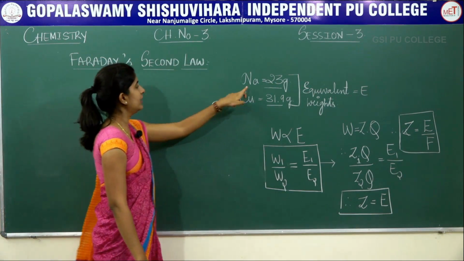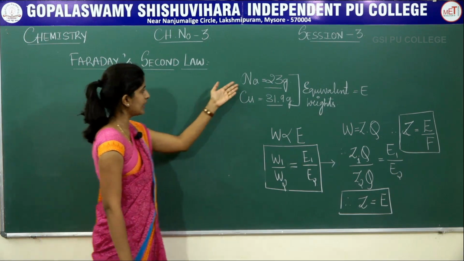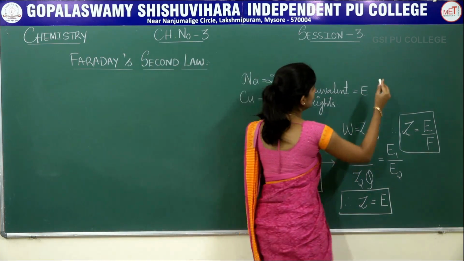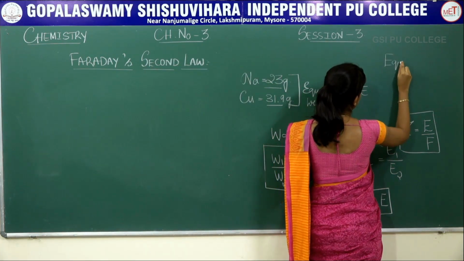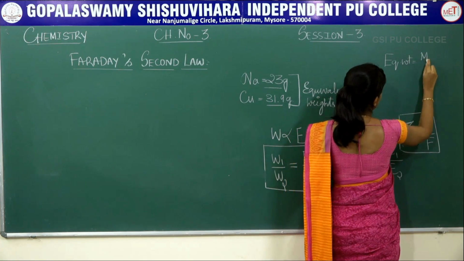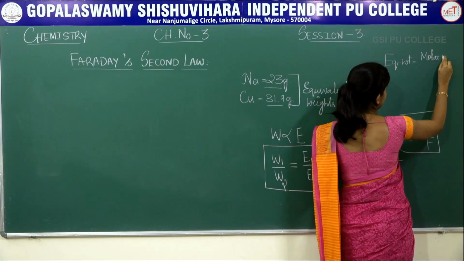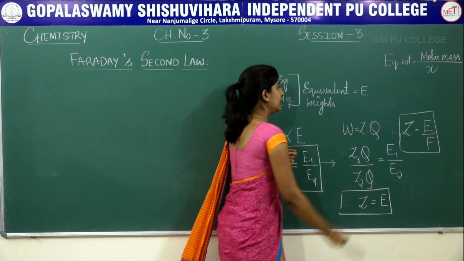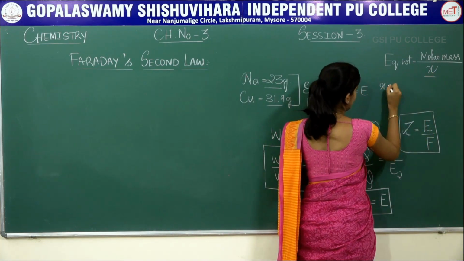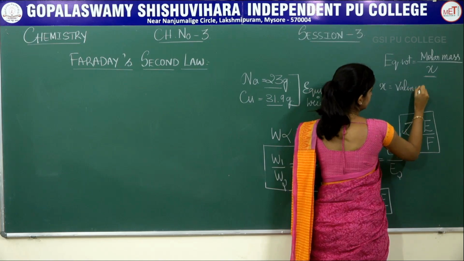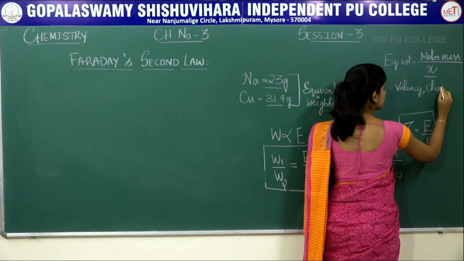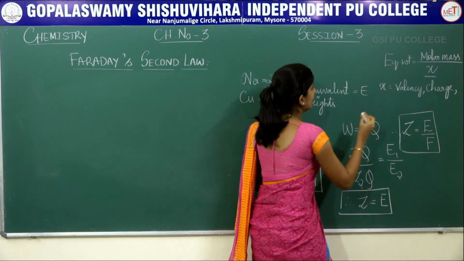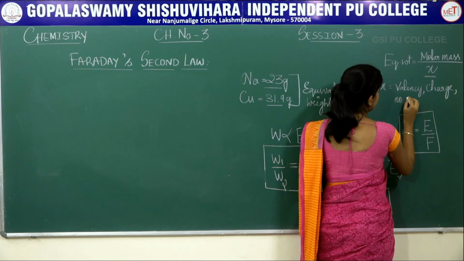We have seen that the amount of substance deposited from the sodium chloride solution and the copper sulfate solution is equal to its equivalent weight. Remember also that equivalent weight is equal to the molar mass of the substance divided by X. Here X may be the valency, the charge if it is an ion, or the number of electrons transferred.